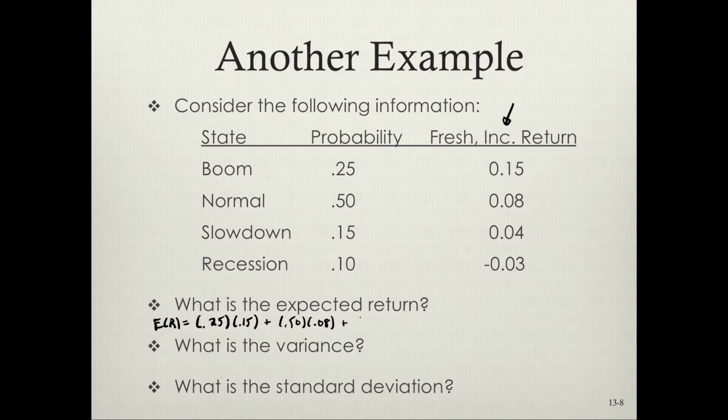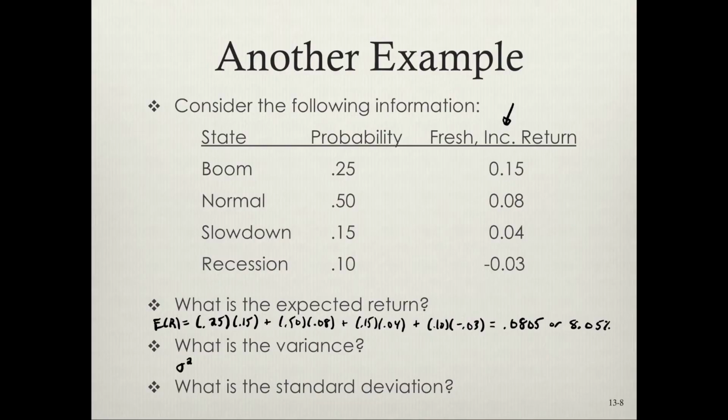Add to that the probability of a slowdown multiplied by the return in that slowdown economy, 4%. Plus the probability of a recession multiplied by the negative 3% return in that scenario, and we end up getting an expected return of 0.0805 or 8.05%.